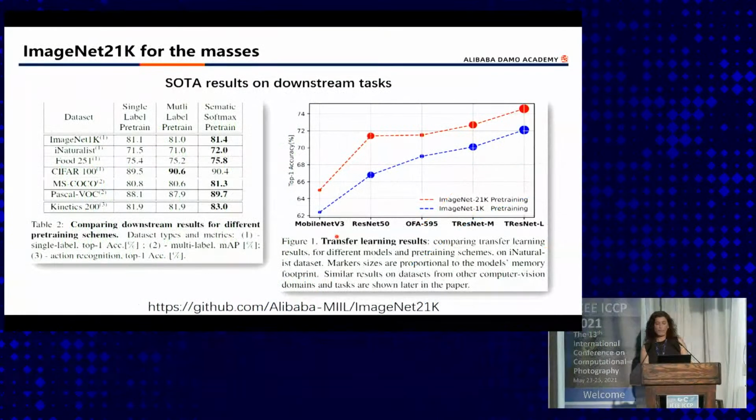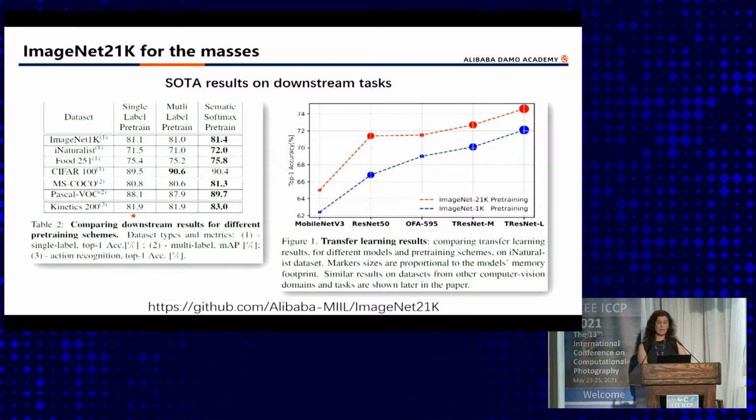So we took 5 different architectures in this case: MobileNet v3, ResNet 50, Alpha 595, TResNet M, and TResNet L. Each of them we pre-trained once on ImageNet 1K, once on ImageNet 21K, and then we tested on a downstream task. So this graph shows results for iNaturalist. And you can see that consistently for this data set, for all those different architectures, using the pre-training on the 21K leads to a significant improvement.